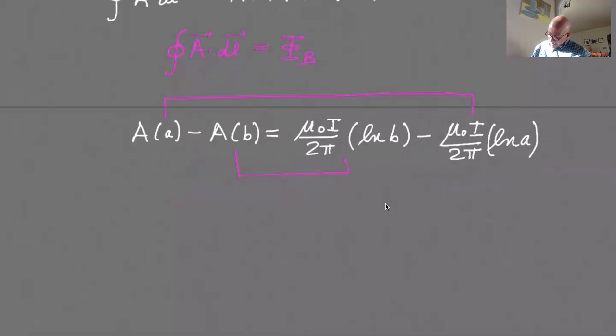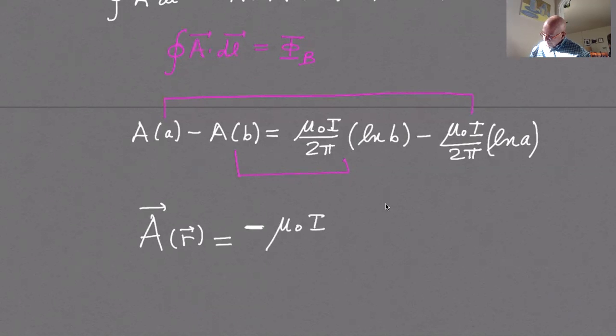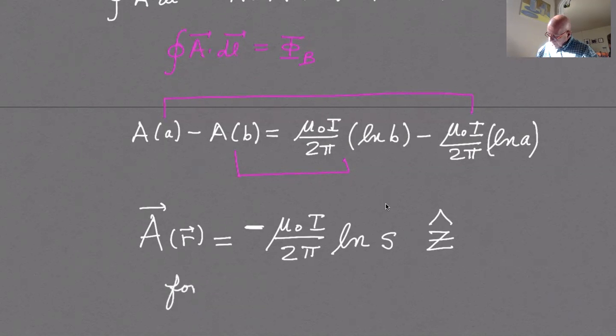So at the end of the day, we can say that A sub R is going to be equal to negative mu naught I over 2 pi natural log of s in the z caret direction, okay? And this is for outside the wire. Okay, beautiful.